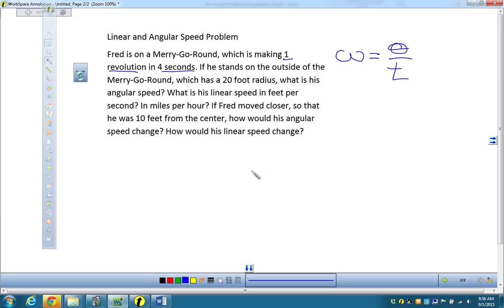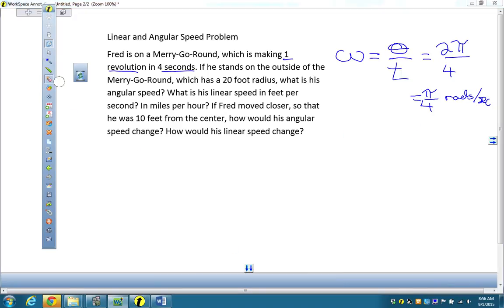So his angular speed is 2 pi radians per 4 seconds, or pi over 2 radians per second.